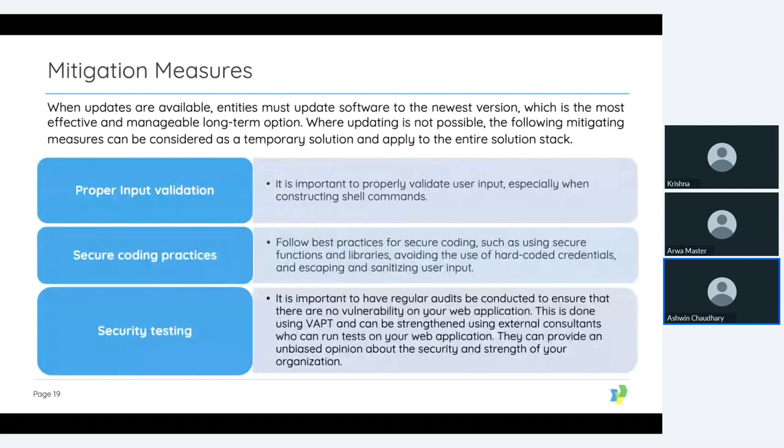Do thorough security testing at least once a year with a good audit firm like ours who can do external VAPT for your organization, not only at the application layer but at the entire infrastructure layer below that. Security testing once a year or after every major release is the best practice.